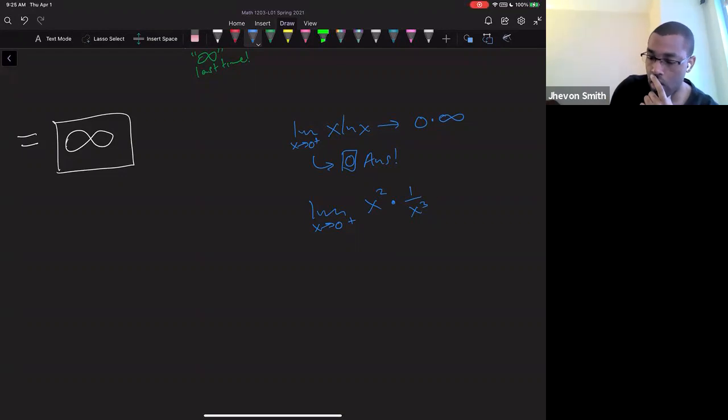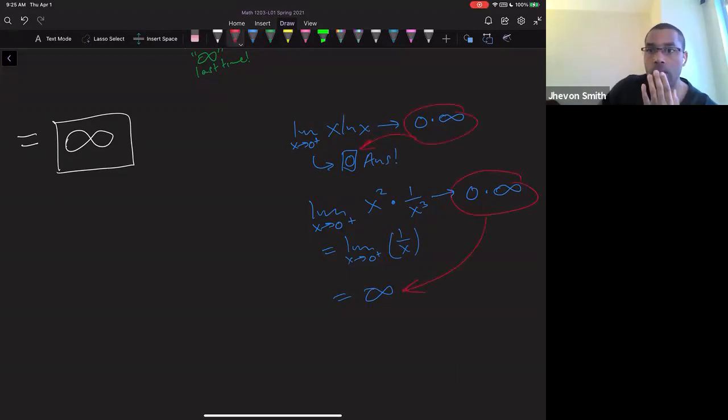This one also approaches 0 times infinity, right? Is the answer 0 in this case? Well, no, because if you simplify this, it becomes 1 over x. And we know that that actually equals infinity. So here, 0 times infinity is infinity. Here, 0 times infinity is 0. You don't actually know for sure who's going to win. It depends on the functions that you're looking at.